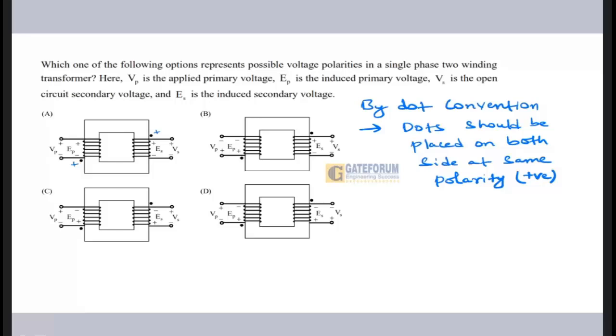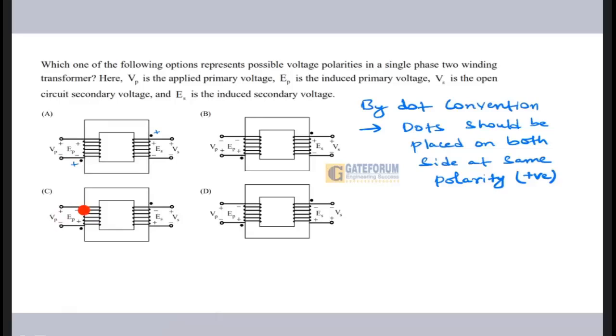Here in all the options, if you check, here I am getting plus Vp, and this is minus Ep. That indicates that Vp and Ep are opposite in phase, and that we already know from the phasor diagram of the transformer, that the applied primary voltage and the induced primary voltage are opposite in phase.